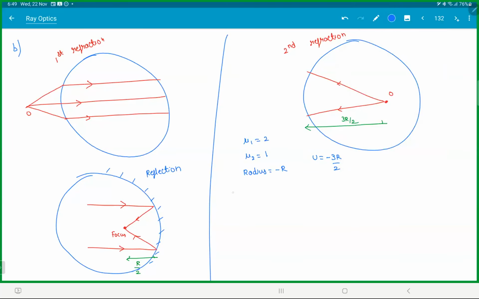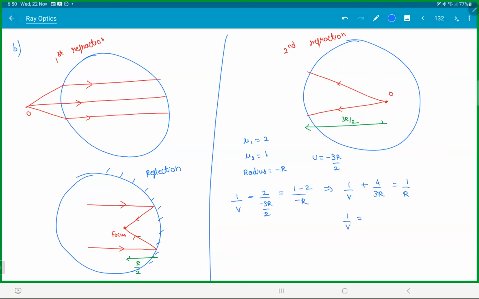Apply the formula. If you observe, the main thing is sign convention. If you mess up one minus, then the whole thing goes for a toss. Then apply the formula properly. 1 by v minus mu1 by u, 2 by minus 3r by 2, is equal to mu2 minus mu1 by R, 1 minus 2 by minus r. 1 by v plus 4 by 3r equals 1 by r.